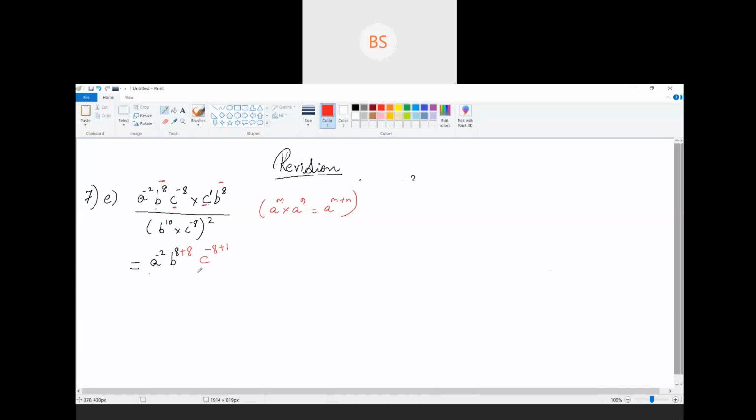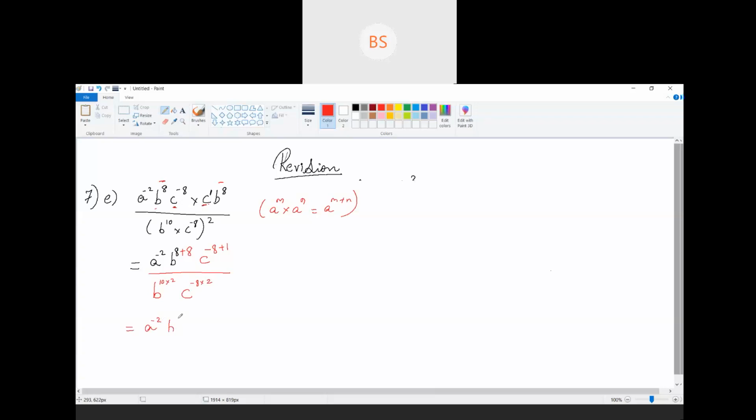Okay, whole divided by. Now here again I have to apply the law, that is multiplying the powers. So this will be b raised to 10 into 2, c raised to minus 8 into 2. Okay, now we simplify this. a raised to minus 2 as it is.